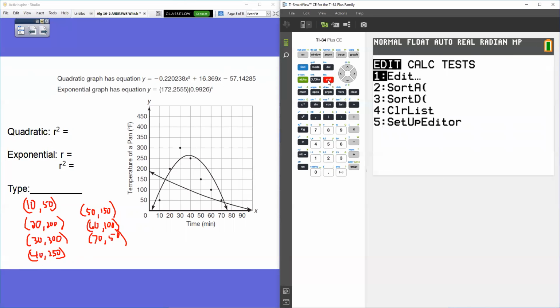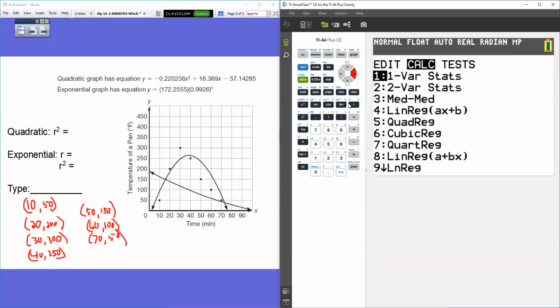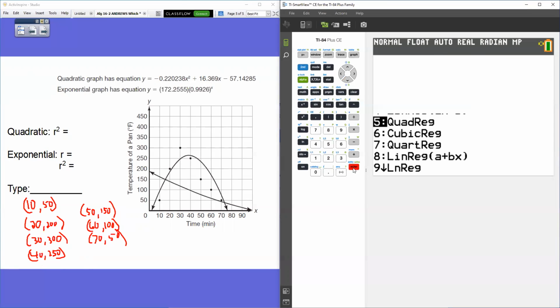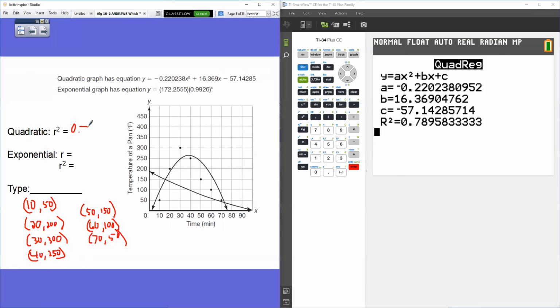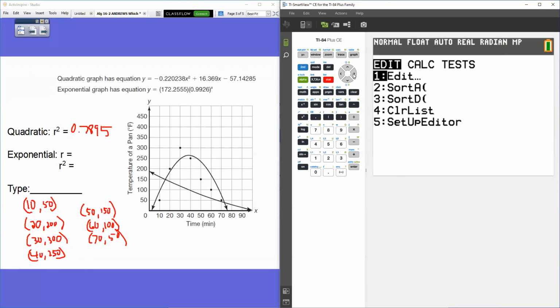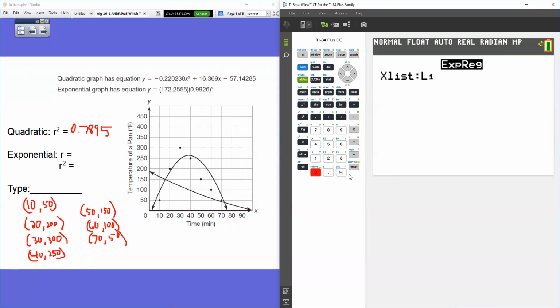So now I'm going to go to stat and edit. Stat and calc. I'm only choosing between quadratic and exponential. So I'm going to go down to quadratic. And for my R squared, I have 0.7895. For exponential, stat calc, number 0.